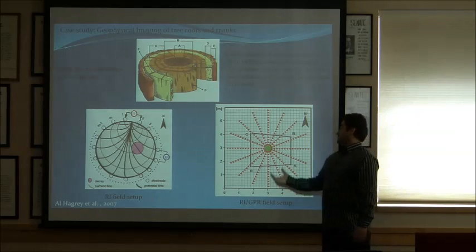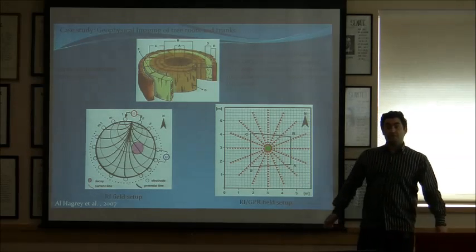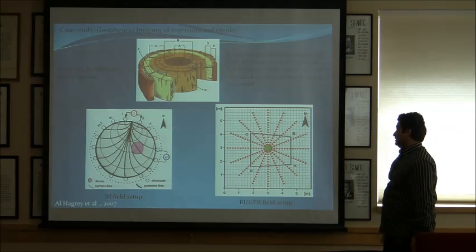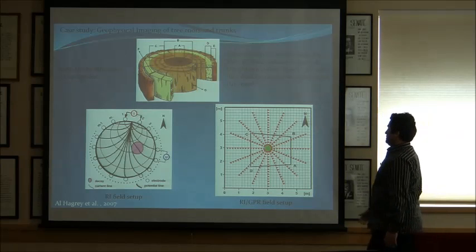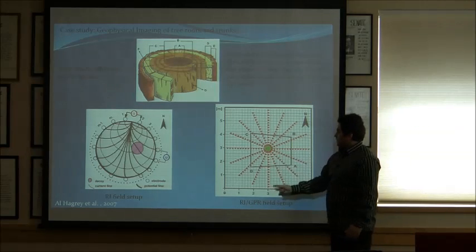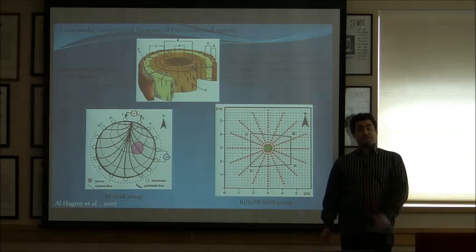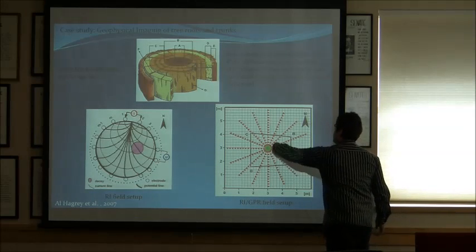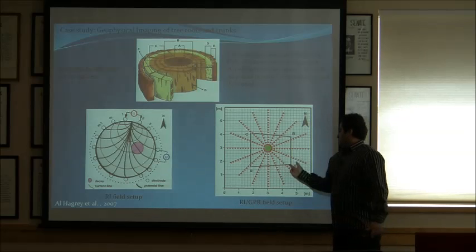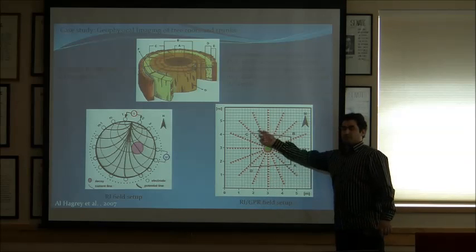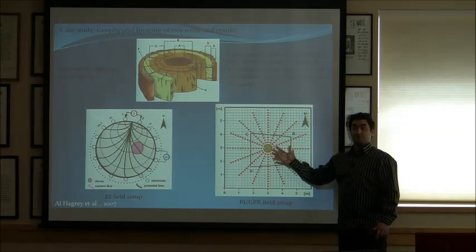How about tree roots? Tree roots have a different setup. For this study, I chose what they did. Here are the trees. These star lines represent 2D resistivity lines all around the trees. E, B, C, D are just GPR tomography measurements.